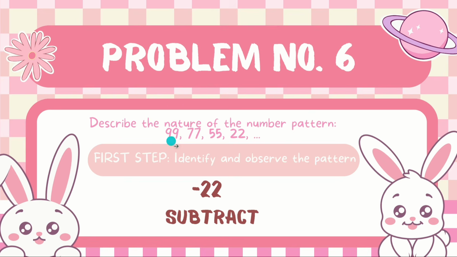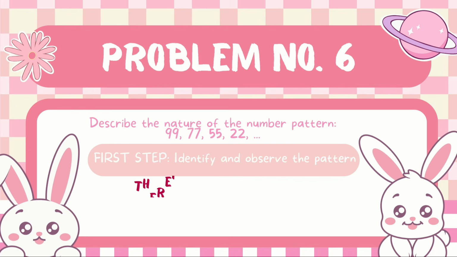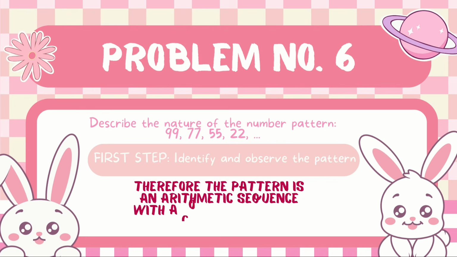Try subtracting it. 99 minus 22 is equal to 77. 77 minus 22 is equal to 55. 55 minus 22 is 33. Therefore, the pattern is an arithmetic sequence with a common difference of 22.